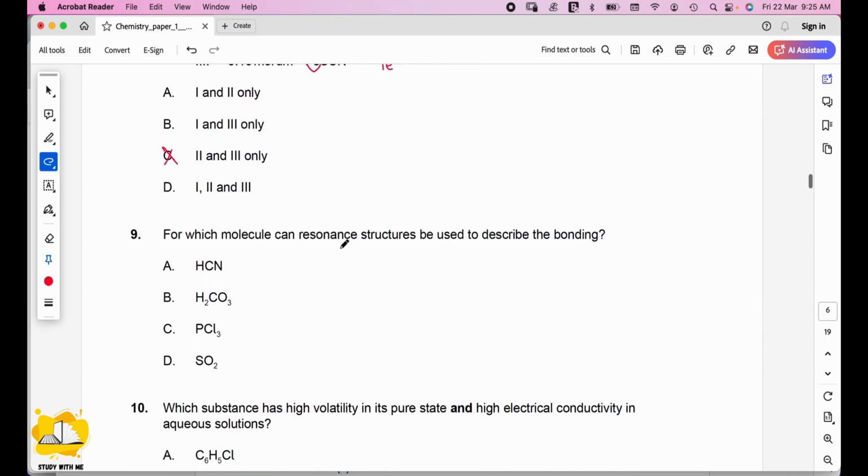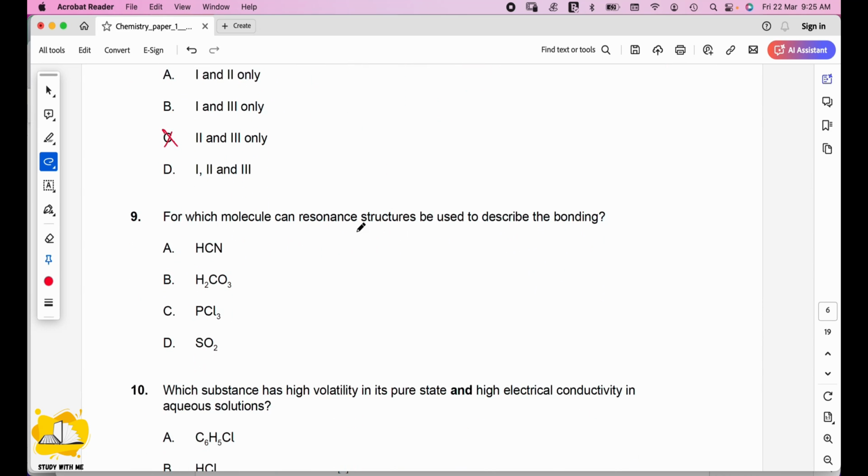And for 9, for which molecule can resonance structures be used to describe bonding? As you know, HCN doesn't have resonance. It's only one type of Lewis structure. The same with H2CO3, carbonic acid.